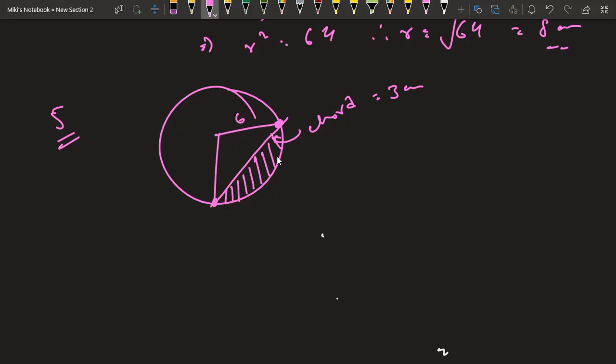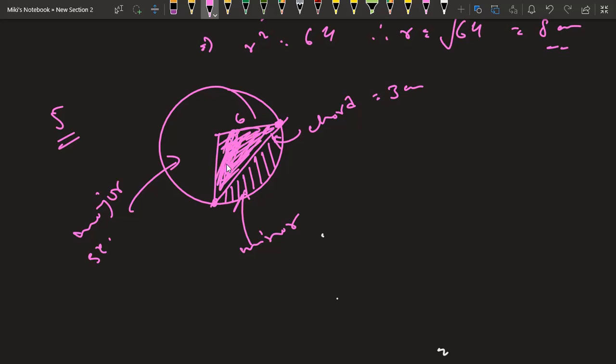This is known as our segment and this is another segment. So when they ask us to find the segment, what are these segments? This is known as the minor segment and this is the major segment.